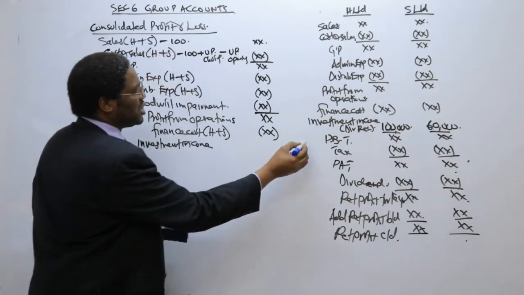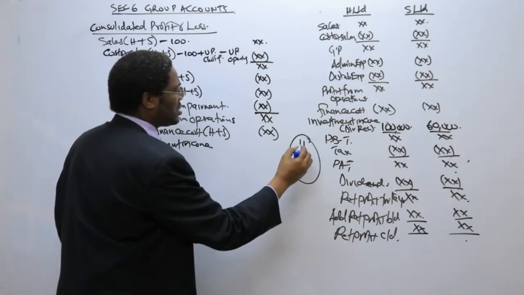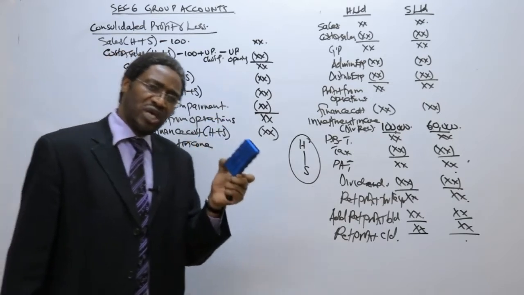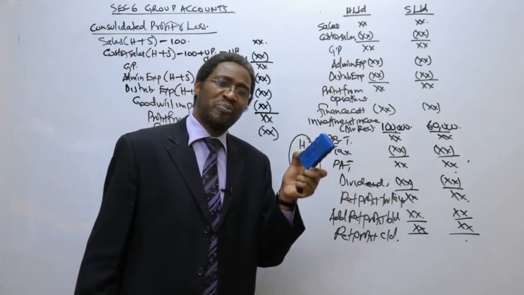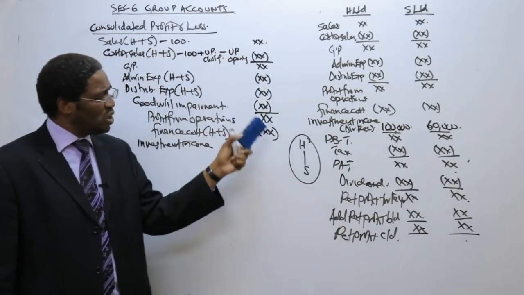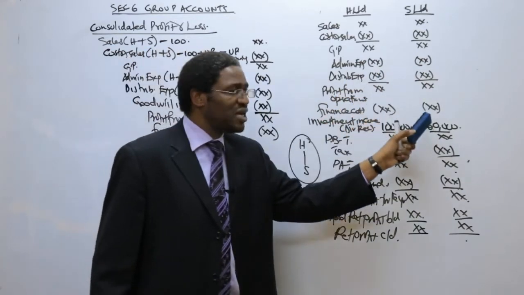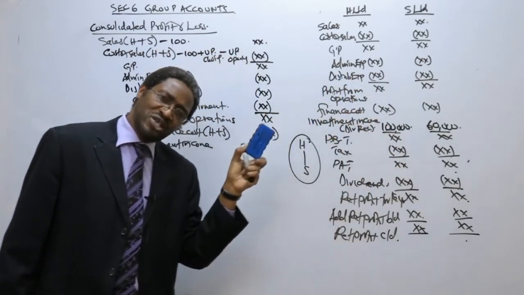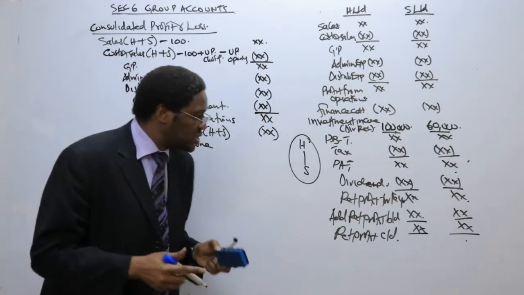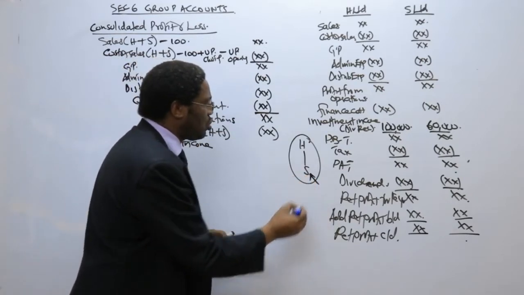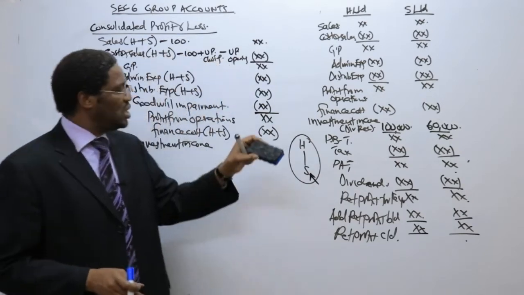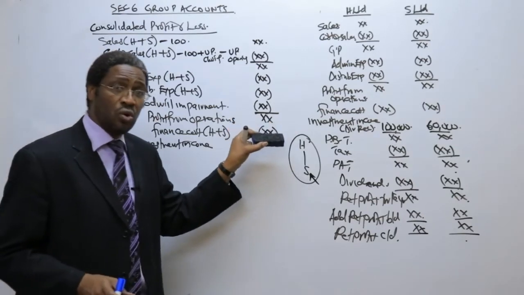Why? Because we are looking at these two companies, that is the holding and the subsidiary company, as one company when you are preparing group accounts. Now that we are looking at the two as one, the investment income the subsidiary company has reported could not have come from a group member. Why? Because the subsidiary company does not invest in the shares of the holding.